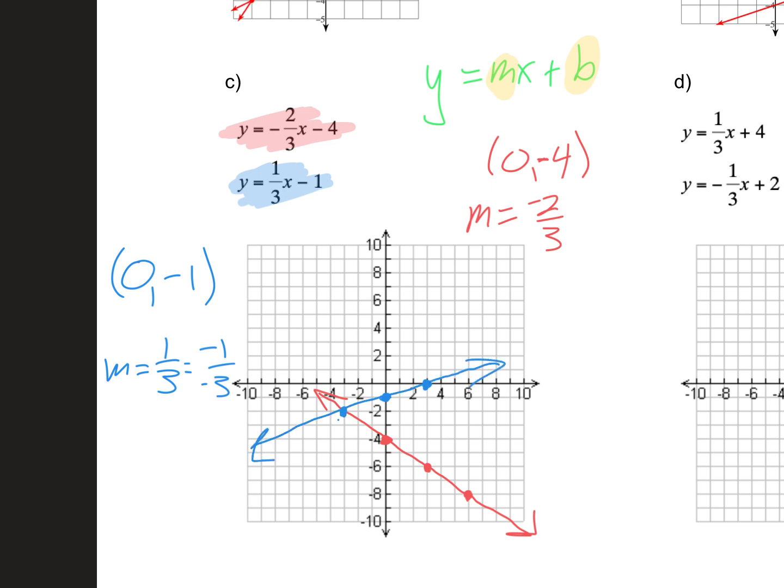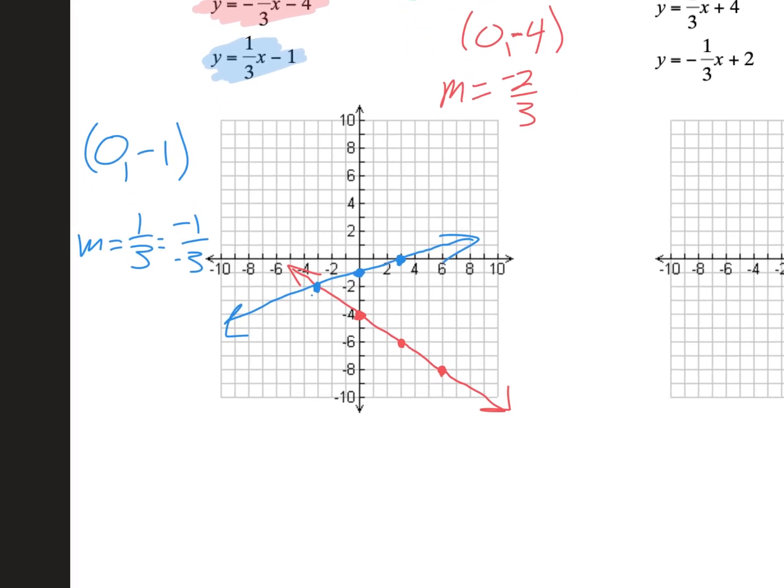Not perfectly straight, but good enough. And now we see the intersection is this dot here. So the final thing to do is write our solution, and I'm going to write it as an ordered pair. So I need an x and a y value. For this intersecting point of our 2 lines, my x value is going to be, if I trace this back up to the x-axis, this would be -3 for x.